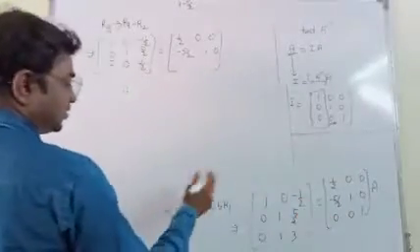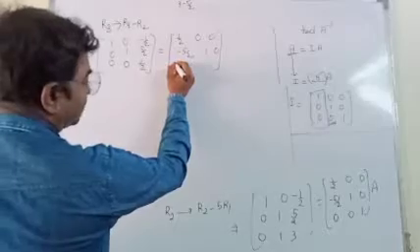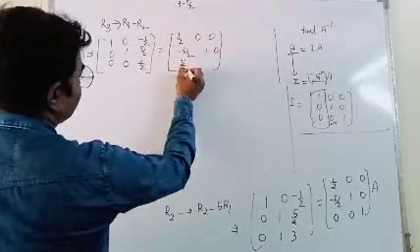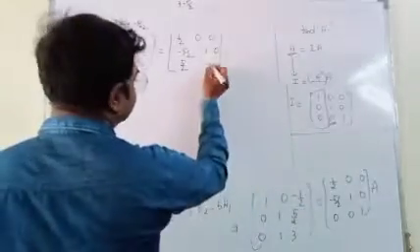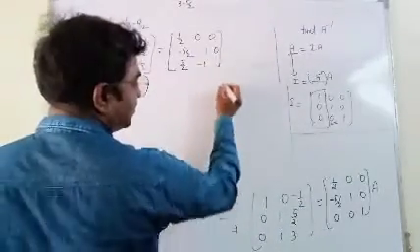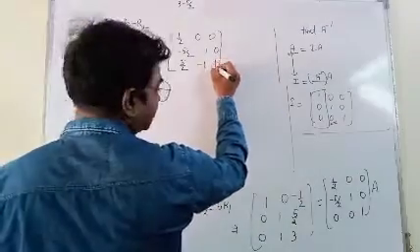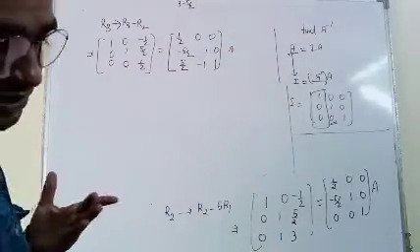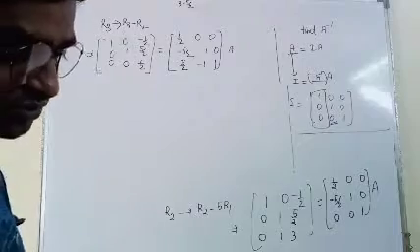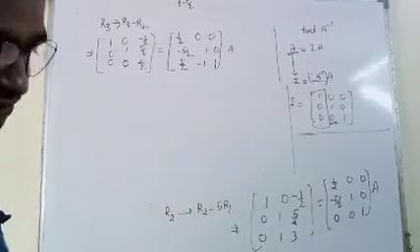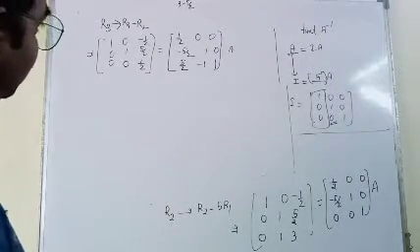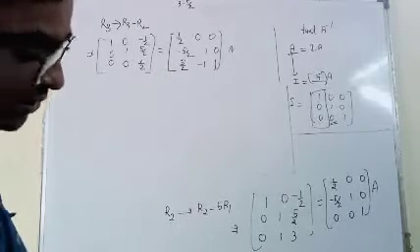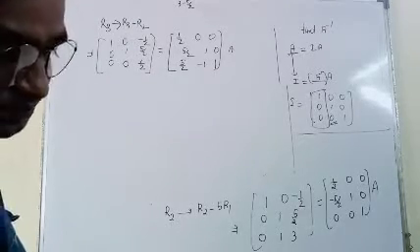So this will be 5 by 2, 0 minus 5 by 2 becomes plus 5 by 2, then it will become minus 1, and this is 0 only, this is 1 only. So the question has been formed in such a way that the question will solve. What we found: 1 0 minus 1 by 2, 0 1 5 by 2, and 0 0.